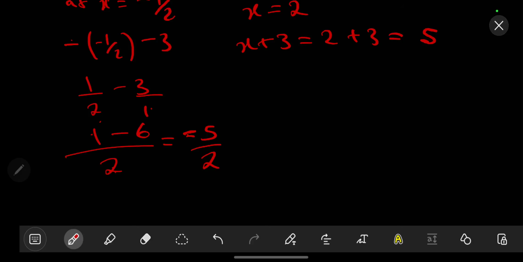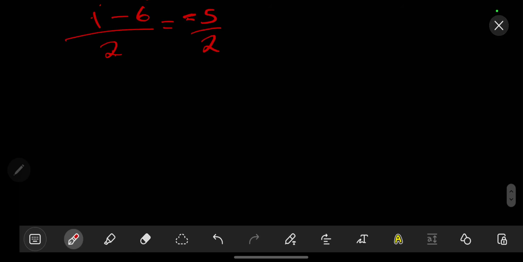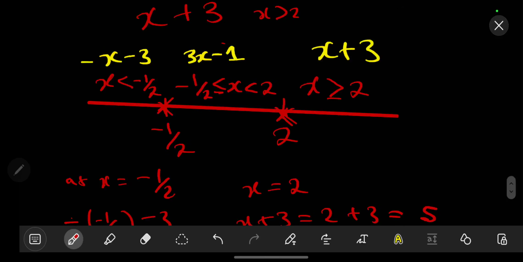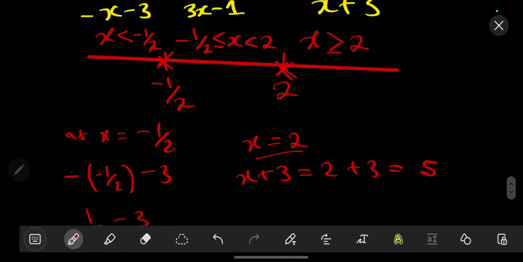So with these points, let's plot the graph. So this means that we are going to have this. The x value we have used is 2. So just use this 2. We go at 2 like that. The other x value that we have used is negative half.